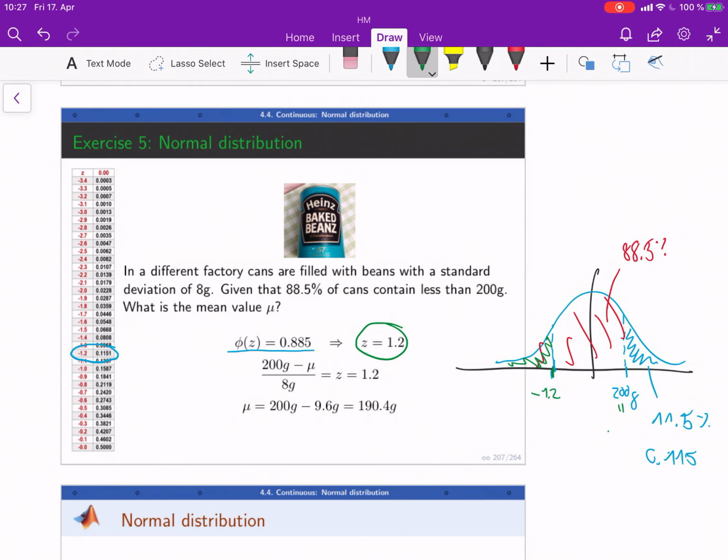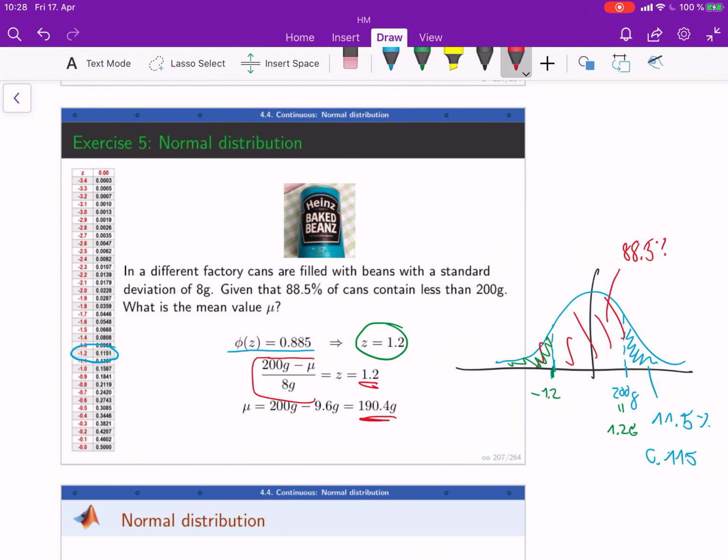So the 200 grams is 1.2 sigmas above mu. So then I can put everything into my formula. I know the difference between mu and 200 grams divided by my standard deviation is 1.2, and out comes mu is 190.4 grams. So quite clever how you can connect everything.